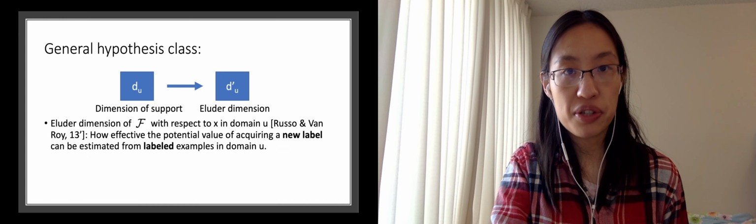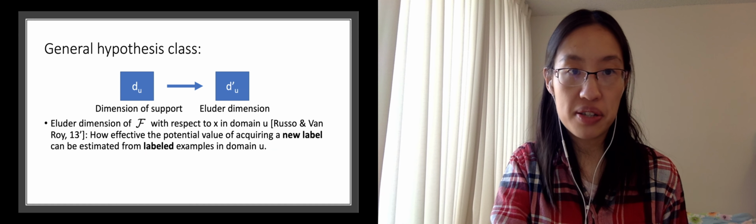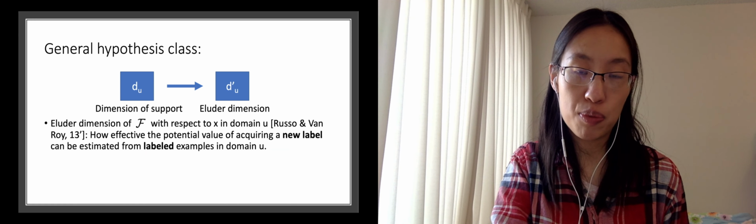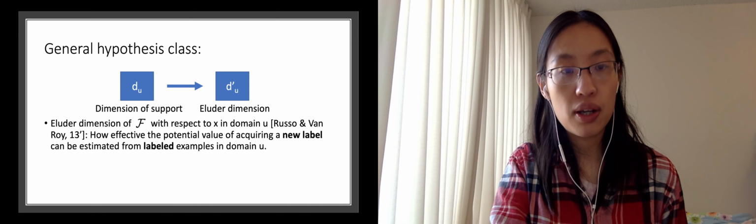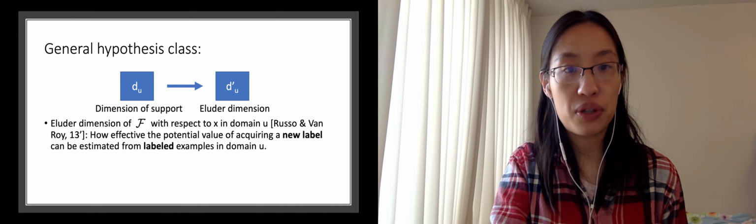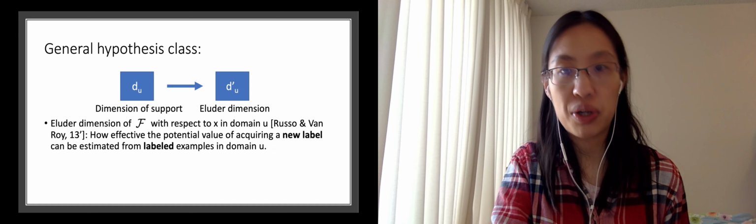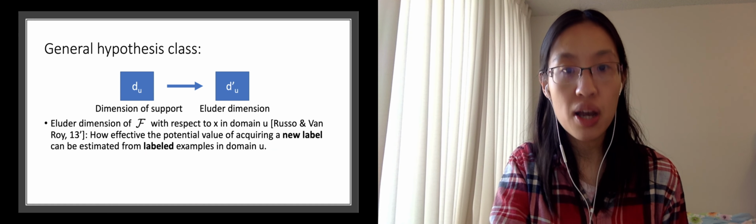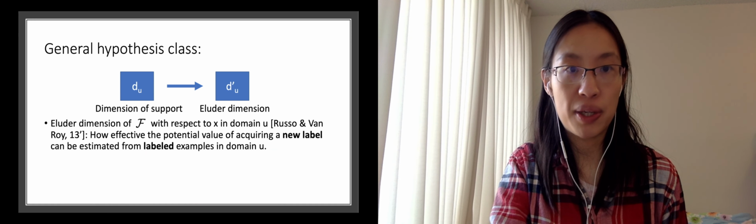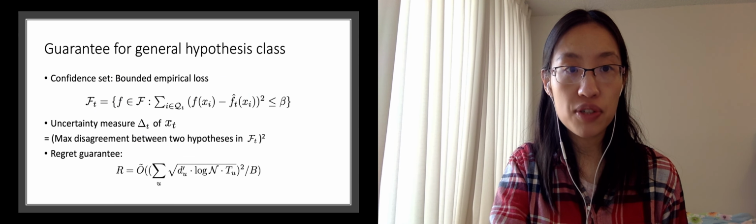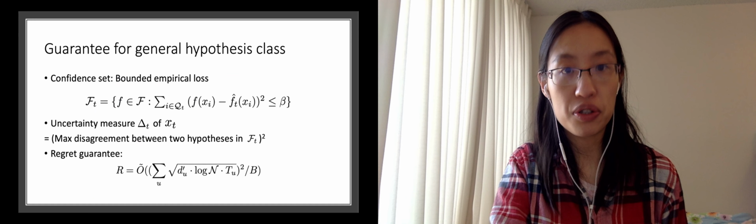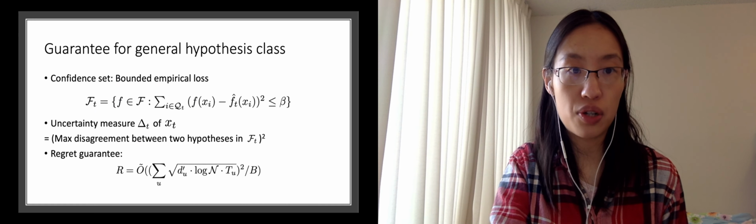For general hypothesis classes, we generalize du, which was the dimension of the support, to d prime u, which is the eluder dimension. The eluder dimension measures how effectively the potential value of acquiring a new label can be estimated from labeled examples in a domain. We first build a confidence set which consists of all hypotheses that have bounded empirical loss.